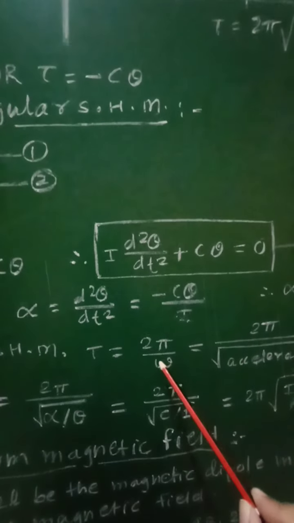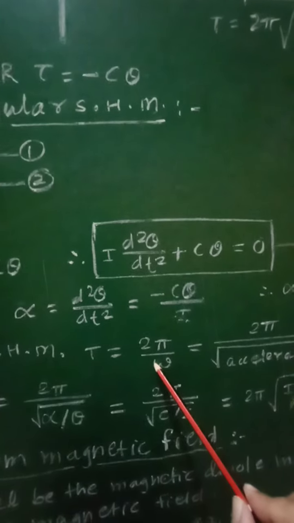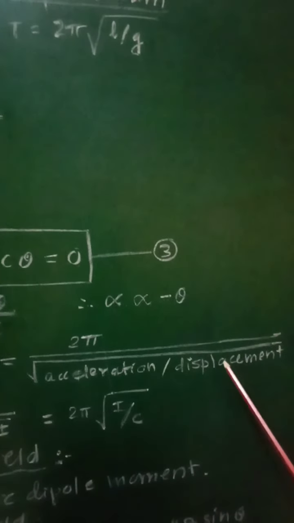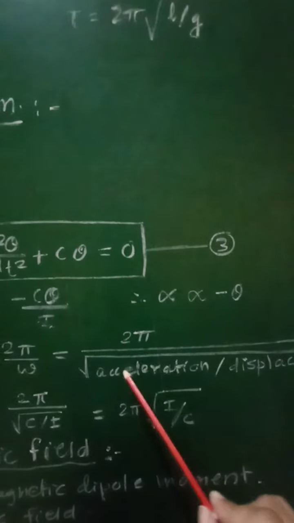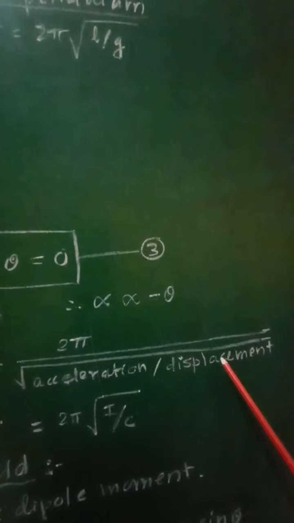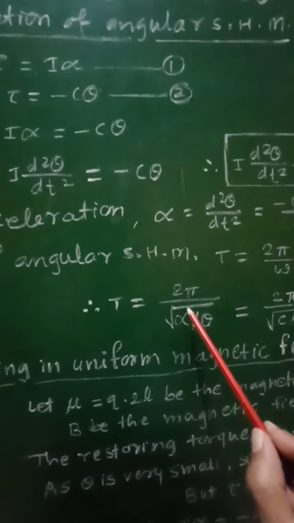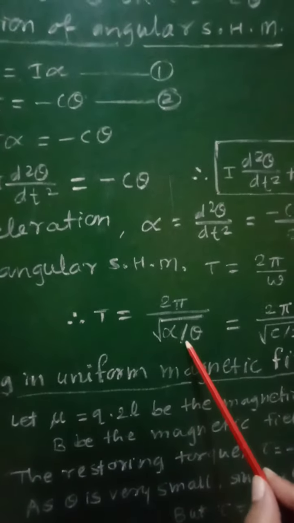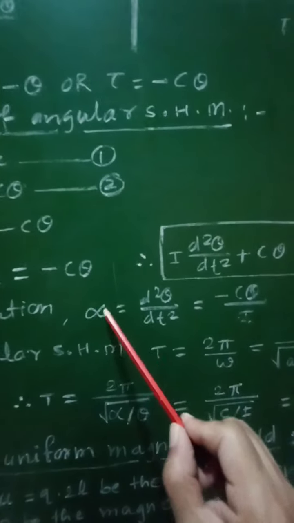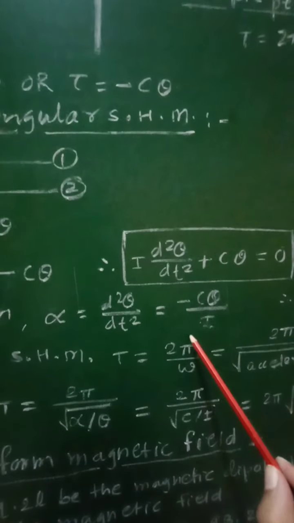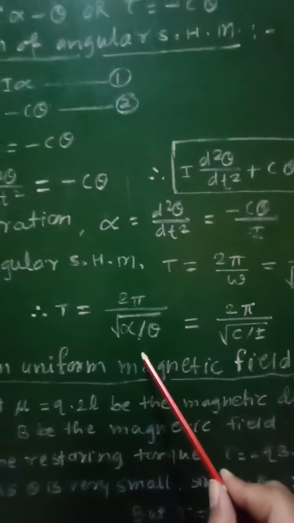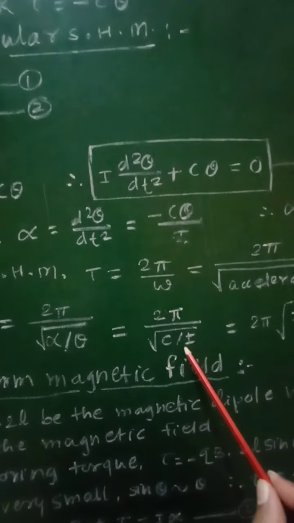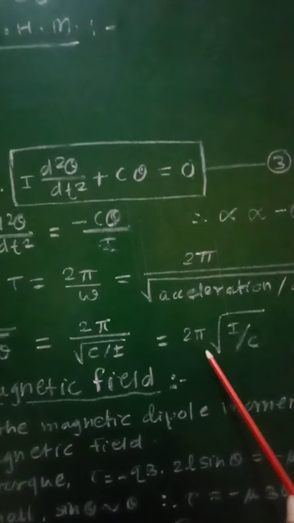We know that ω is the square root of acceleration per unit displacement, and therefore in this case T is 2π upon the square root of angular acceleration per unit angular displacement, that is T = 2π/√(α/θ). Here α/θ will be equal to c/I in magnitude, so T = 2π/√(c/I), which is written as T = 2π√(I/c).